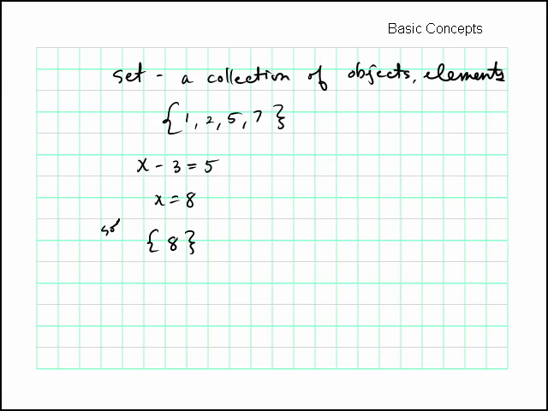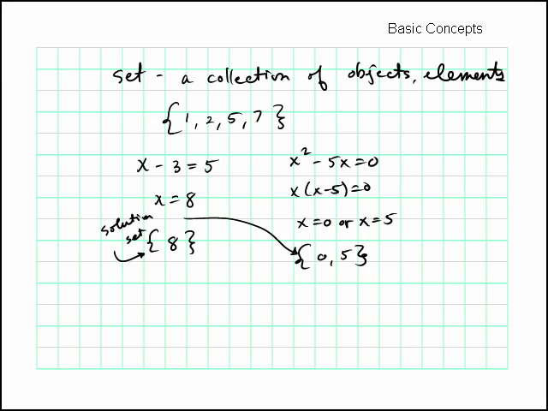This is called the solution set. Some equations have more than one solution. For instance, this one has the solution 0 and 5. And so I would put both of the answers in the solution set.